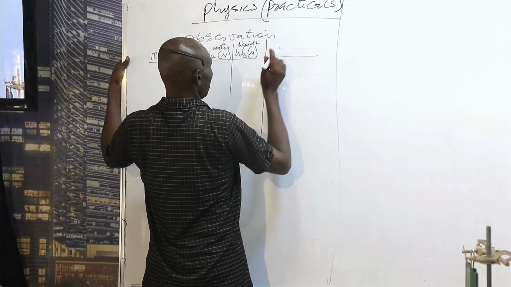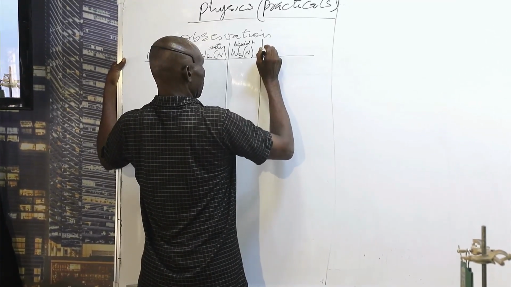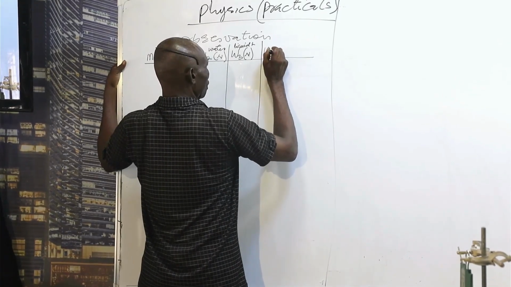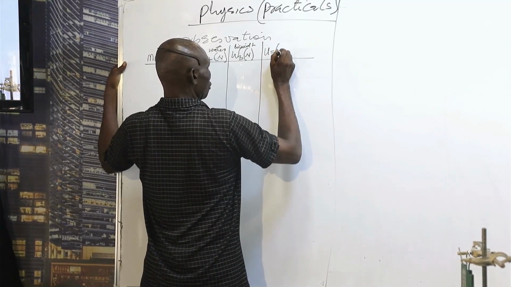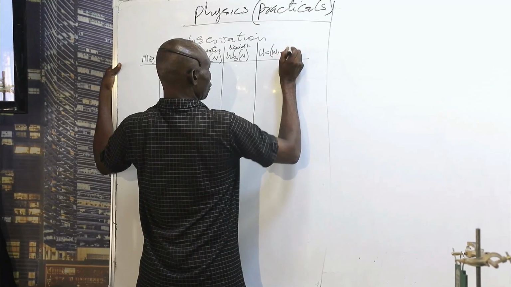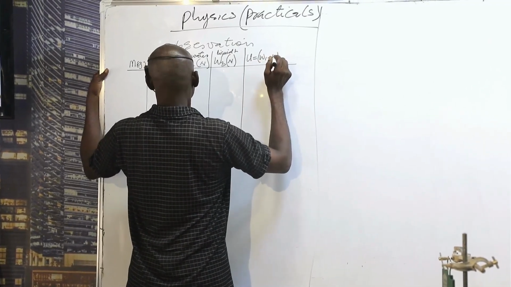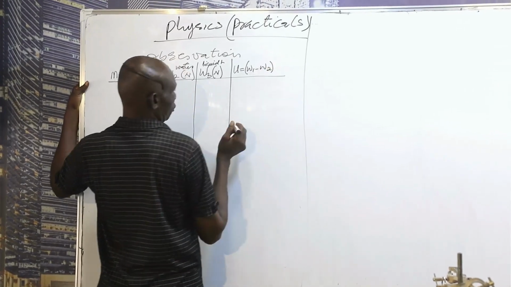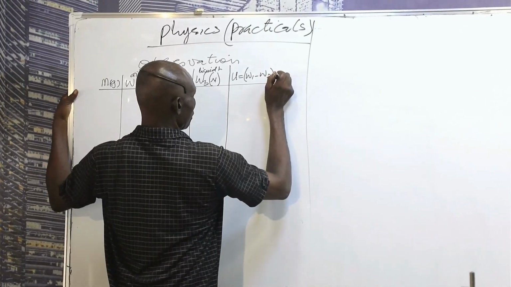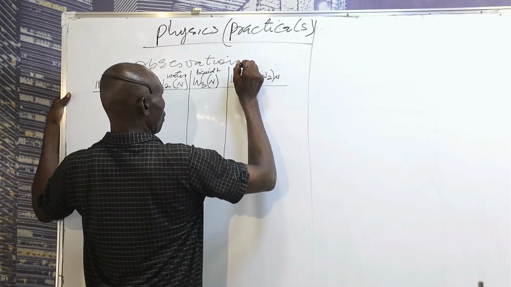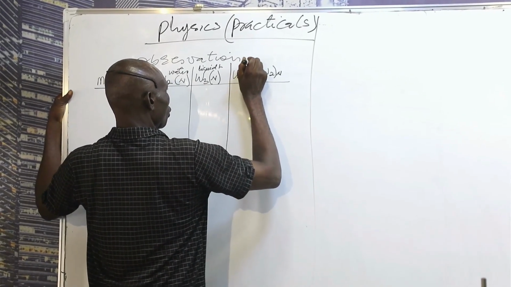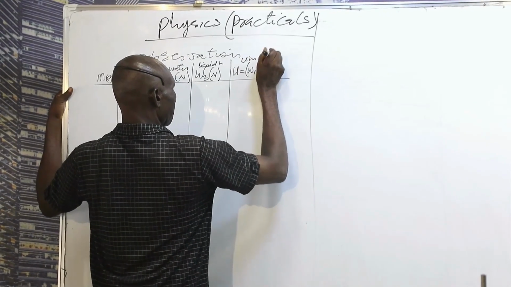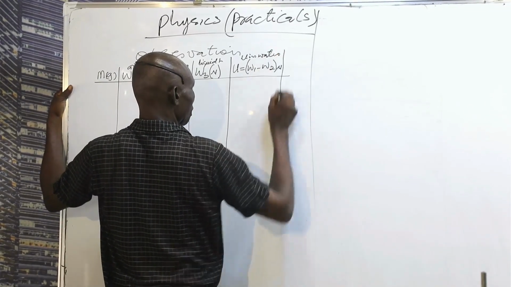So you come back and say that you can name this U equals W1 minus W2. So this is called upthrust, measured in Newton. This is the upthrust in water. U in water.